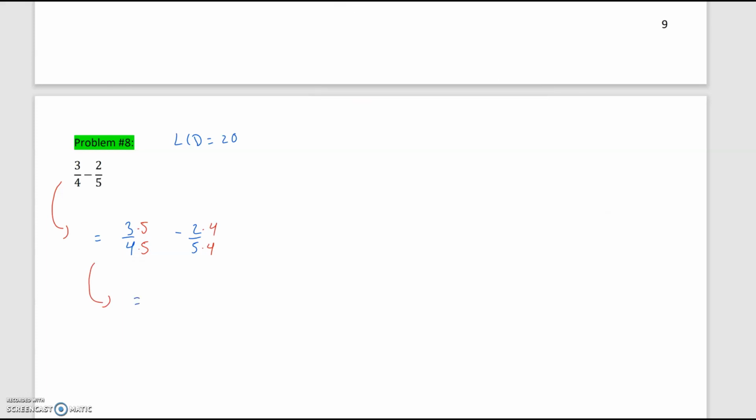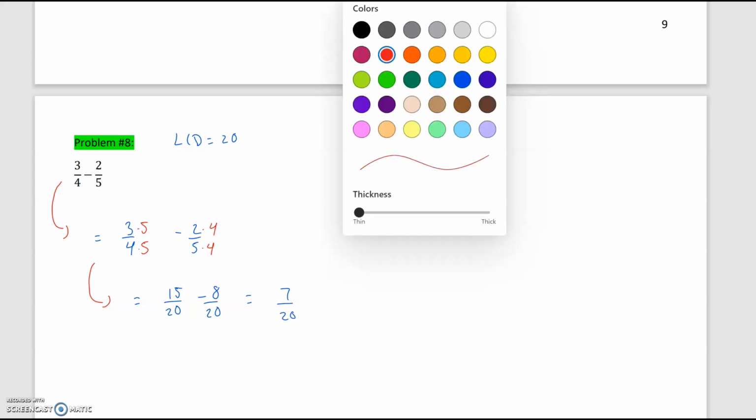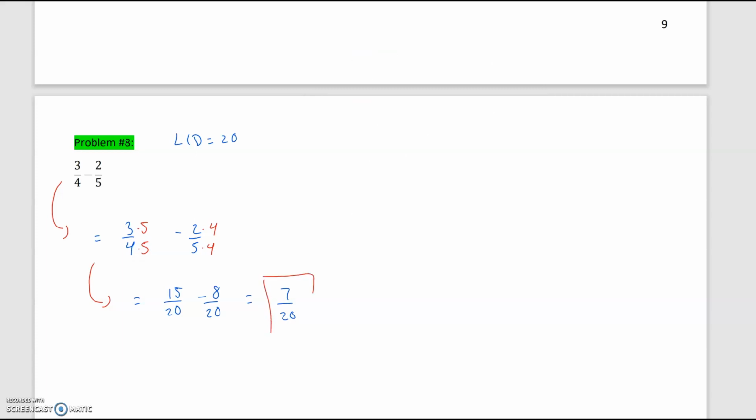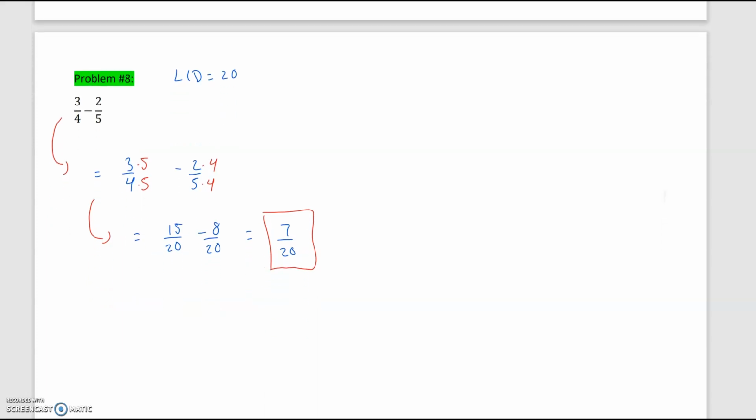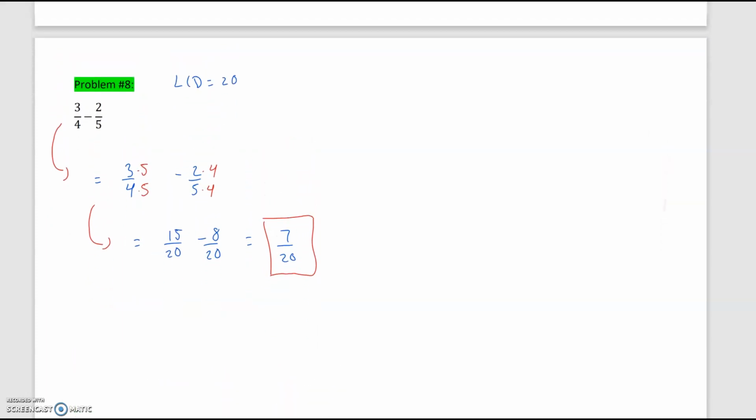So this is equivalent to 15 twentieths minus 8 twentieths, which is just going to give us 7 twentieths. That's actually it for this problem. The next one involves mixed numbers, so I'll put them in a different video.